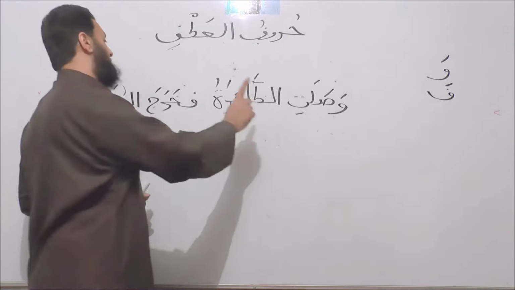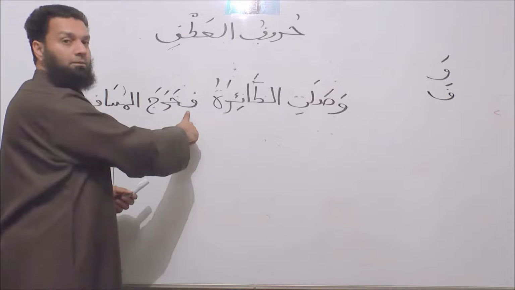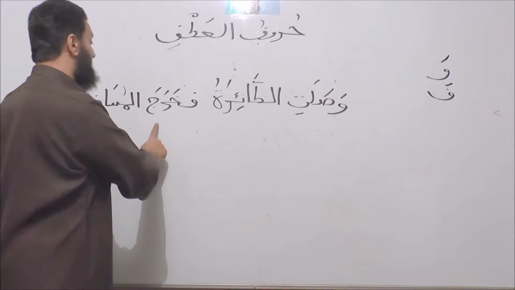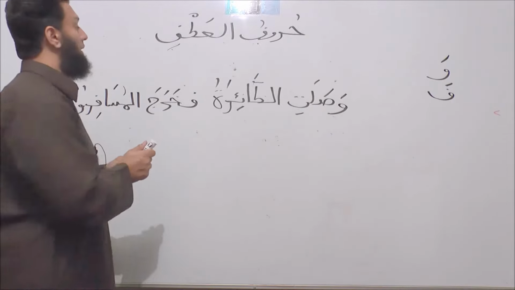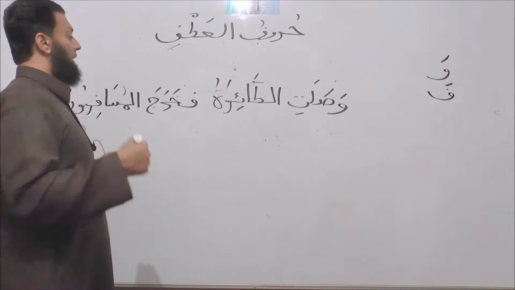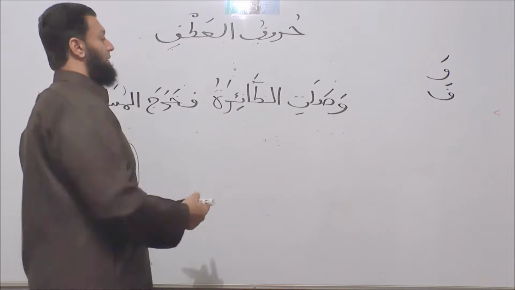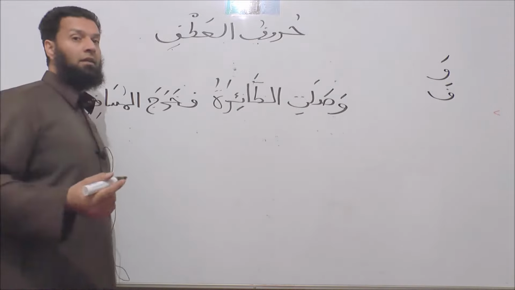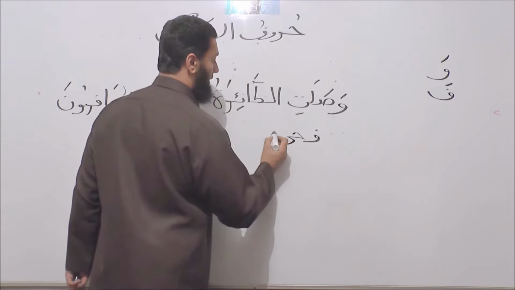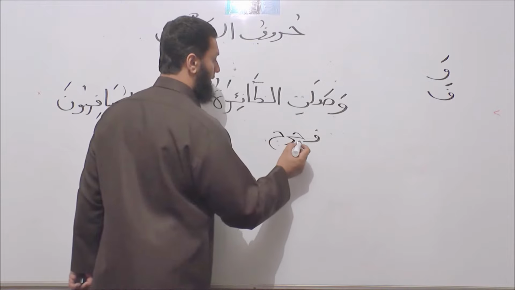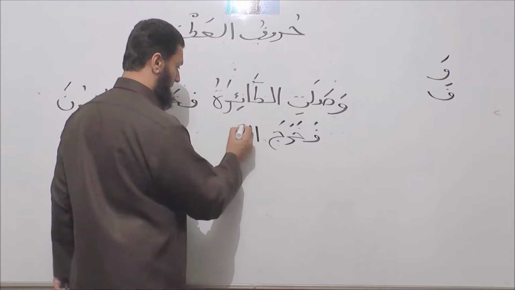Right? So this is a connecting harf between them. We have one sentence which is ma'tuf upon the first one. Right? So if we wanted to continue and say the women exited, then the men, we say fa أول أو خرج فخرج النساء.